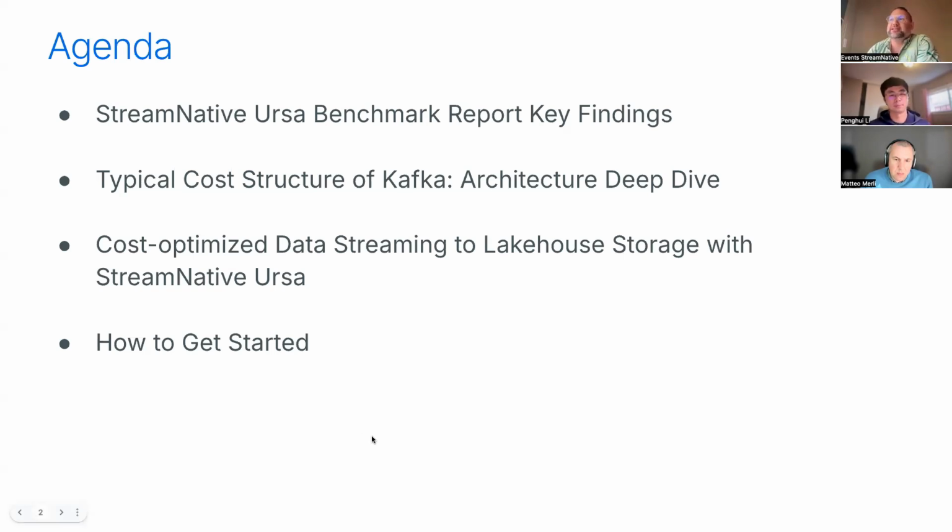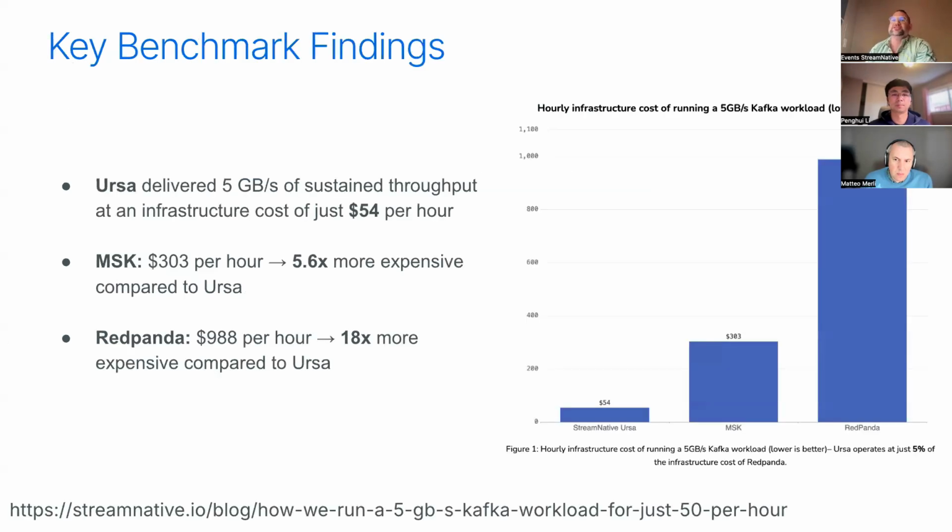Getting right into the key findings of the benchmark report, as the title of the webinar says, we can run a 5 gigabyte per second workload of sustained throughput for about $54 per hour. The key here is that if you look at traditional Kafka workloads, you're going to get much more significant costs to run the same workload.